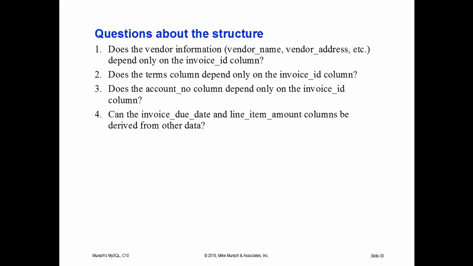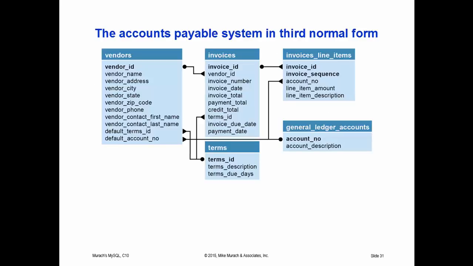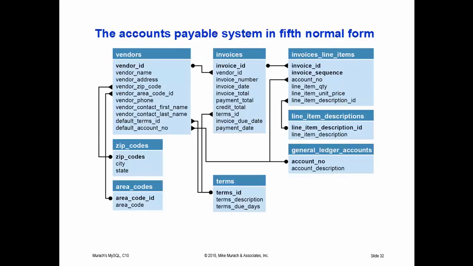So again, that was third normal form. And notice when you break it up into fifth normal form, it gets even bigger. All right? This is a process. We'll have to go through this in much more depth and breadth of coverage later on. Okay?